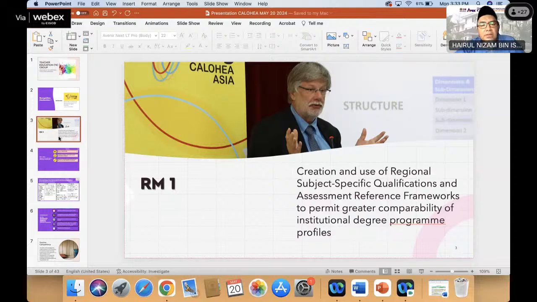In short, the objective of this outcome is how we can measure the compatibility among the programs, either within the country or especially with different institutions from different universities, particularly in ASEAN countries, Southeast Asia.